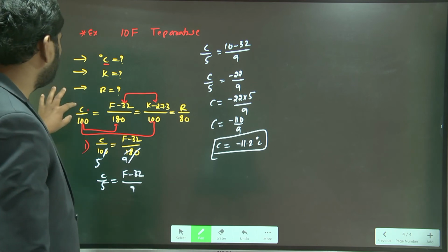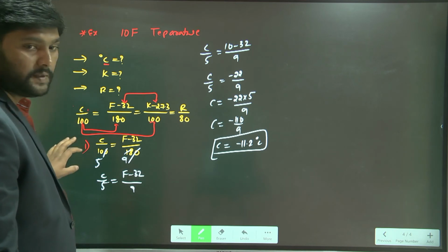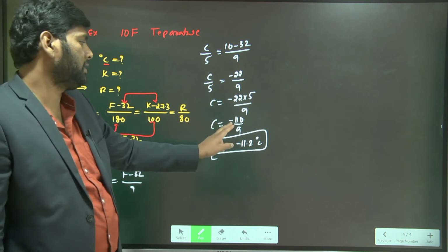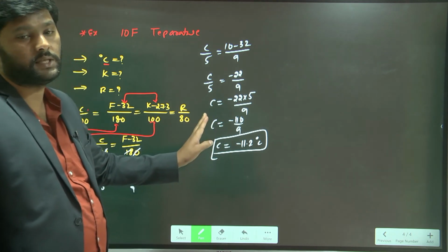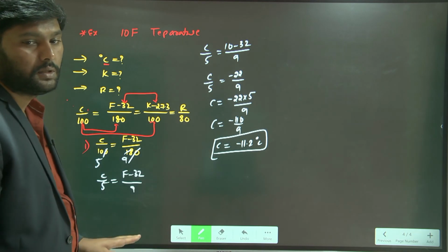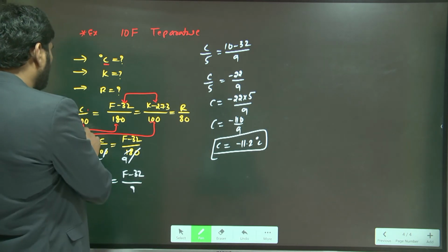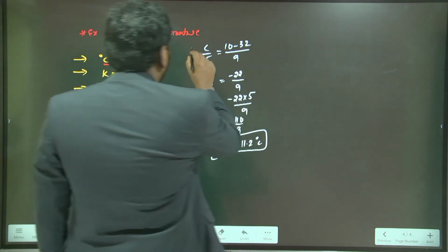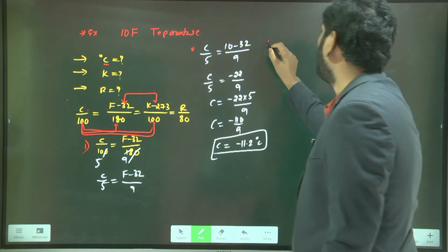You already know the Celsius scale reading, 110 by 9. So you can relate these two relations, it is easier.